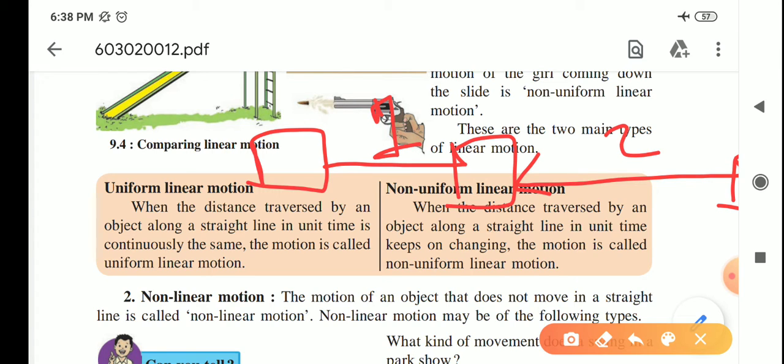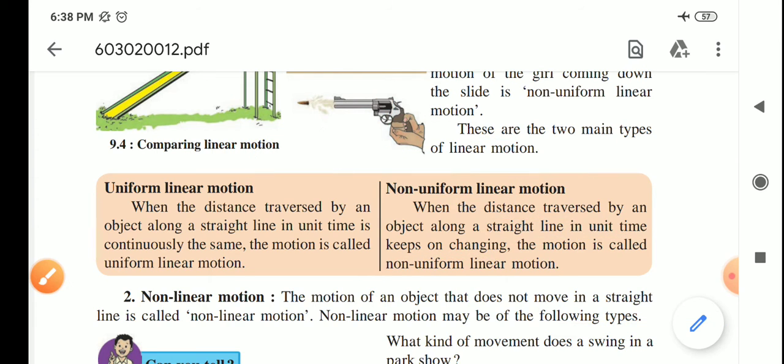So the distance traveled by this object along a straight line in unit time keeps on changing. It is not continuously the same, it keeps on changing in unit time. So that's why this motion is called non-uniform linear motion.